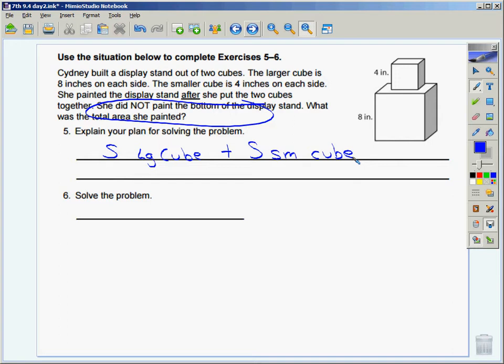I'm going to add to it the surface area of the small cube. Up here, what am I going to have to subtract? 2 of the small squares. But I also got to remember, what didn't she paint? The bottom. She didn't paint the bottom.